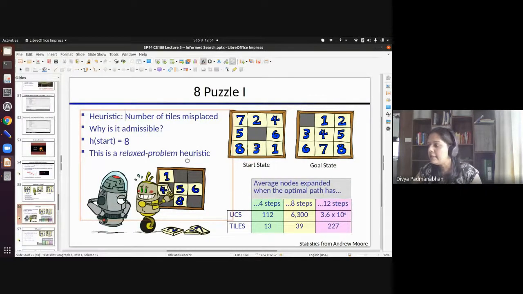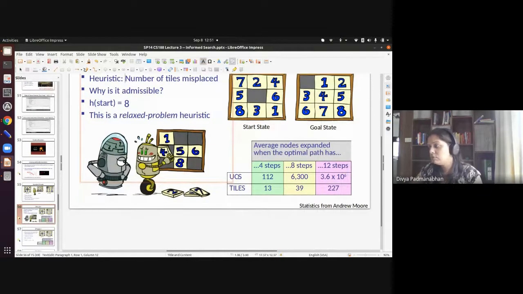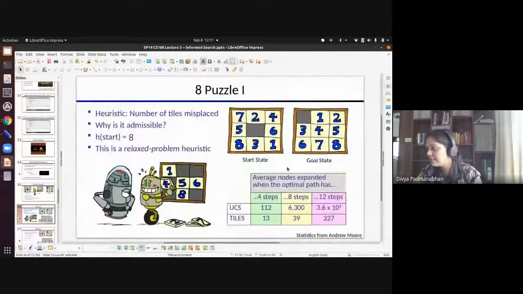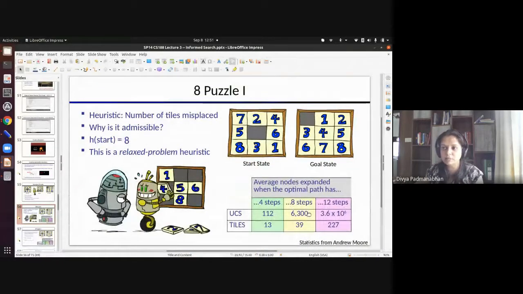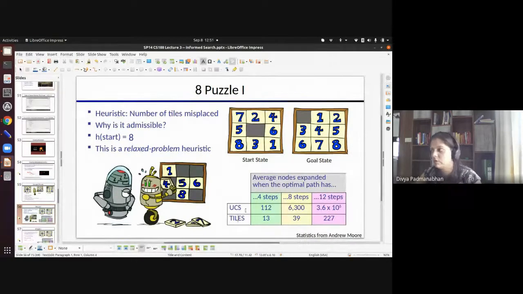Here you have some statistics on how many nodes you end up expanding when you run A star versus uniform cost search. Tiles is with this heuristic, and you have some number here.